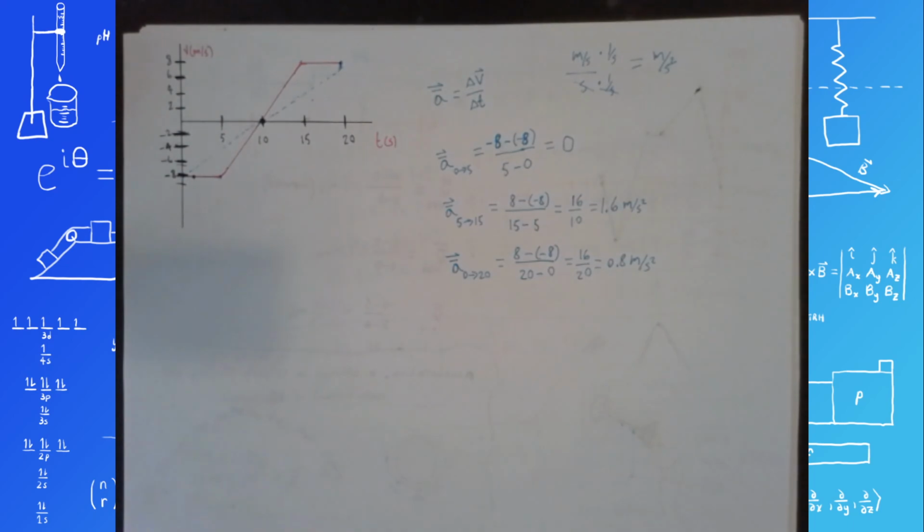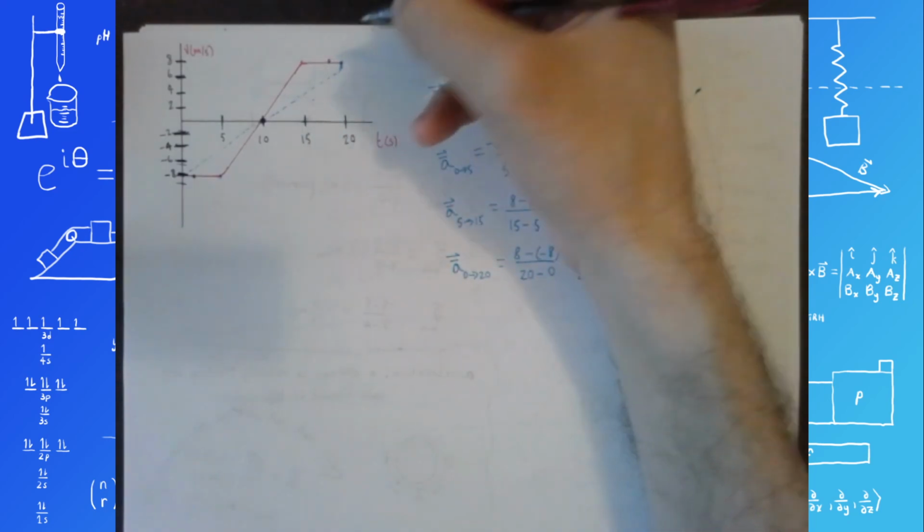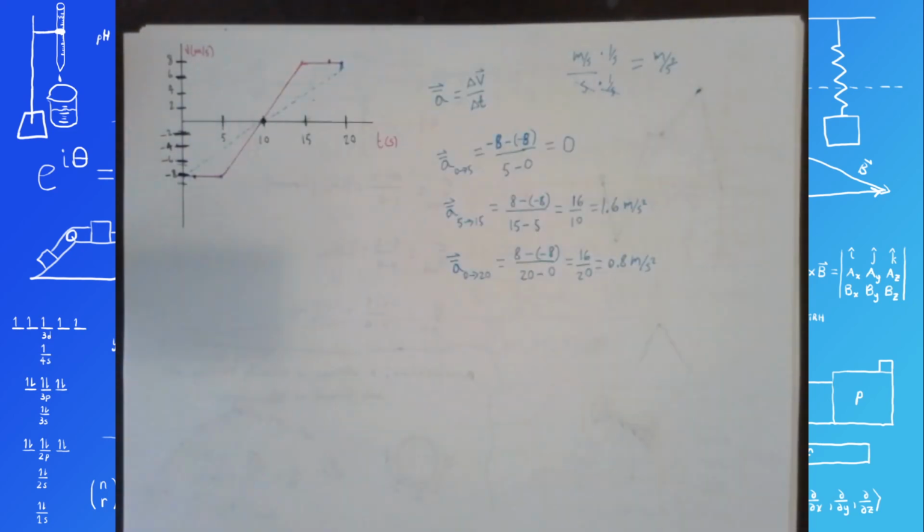So that would be your instantaneous acceleration there. And then at 18 seconds, you're somewhere up here. You would have an acceleration of 0 again, same explanation as we had here, horizontal slope. Okay, that's simple enough.